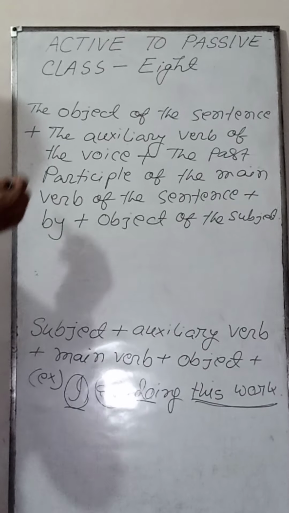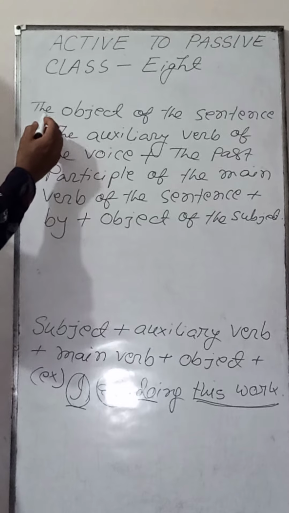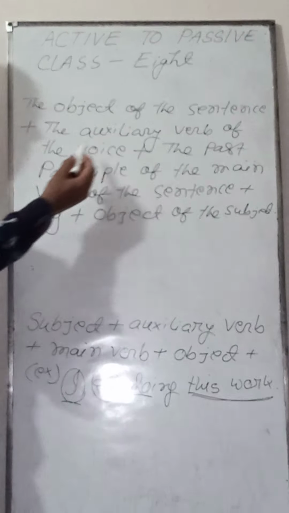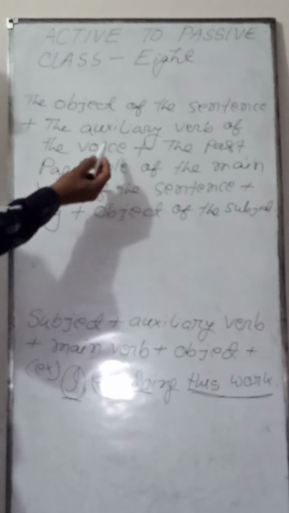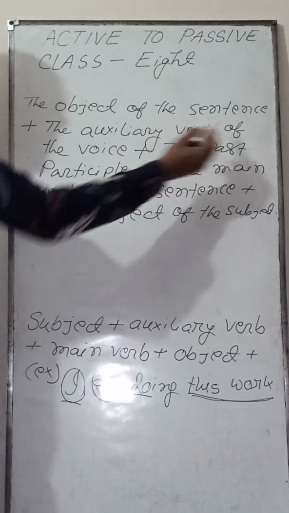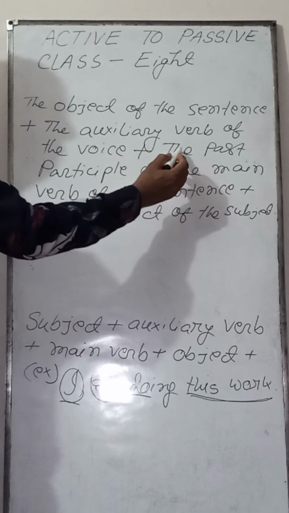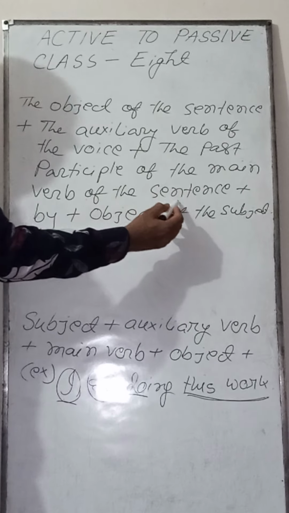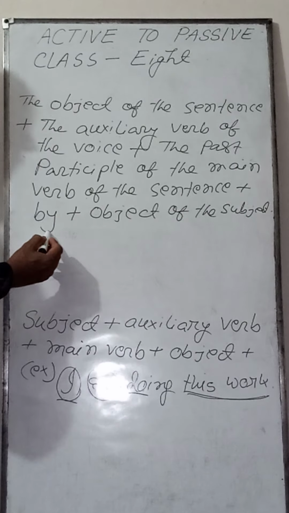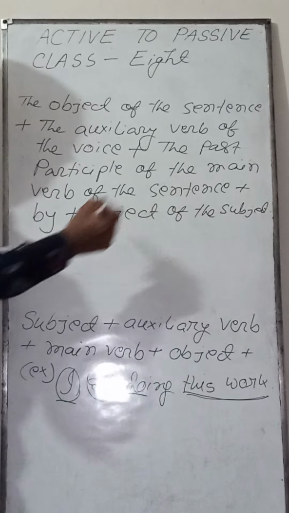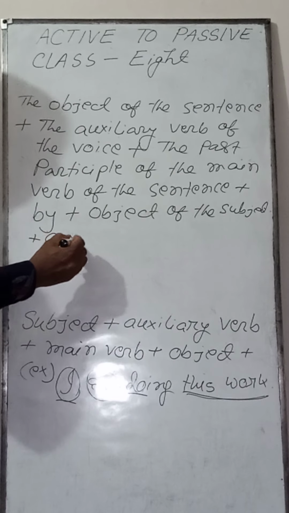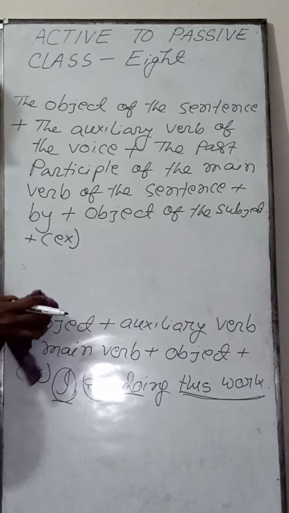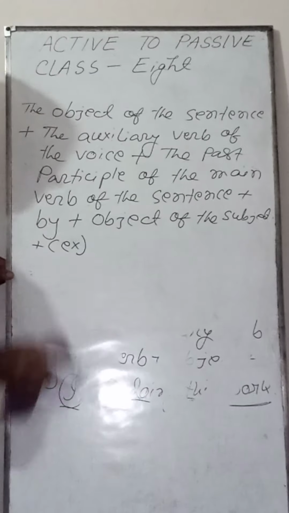You see, first you have to write the object of the sentence. Then you have to write the auxiliary verb of the voice. Then the past participle of the main verb of the sentence, and then you have to write by, then the object of the sentence. If you find any extension, you have to add this extension.